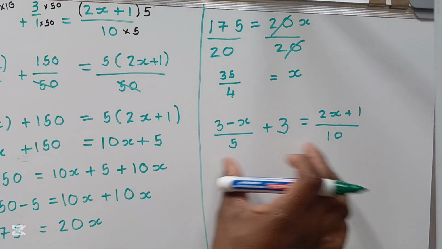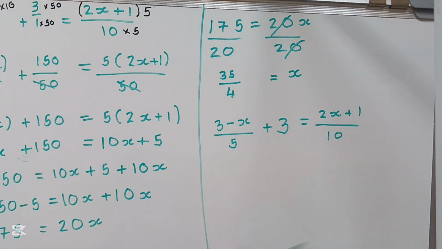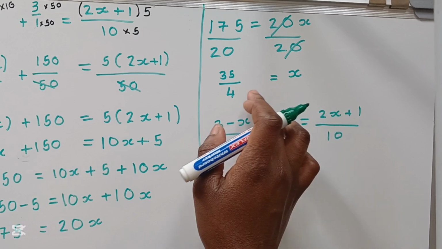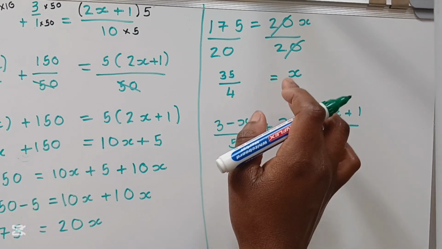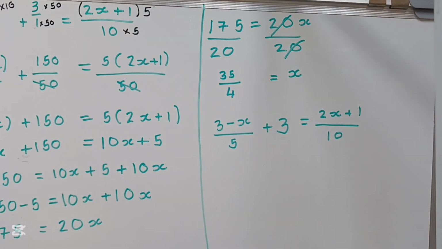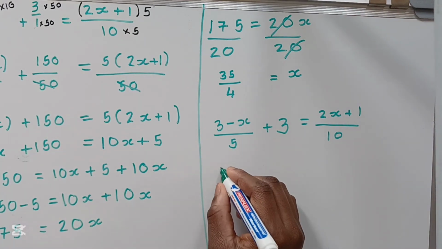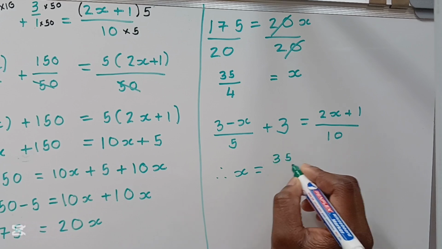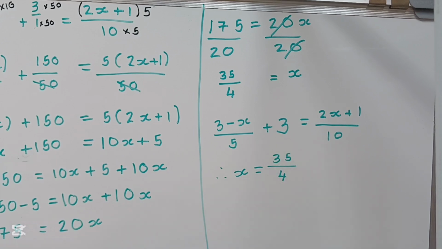And if both sides of the equal sign have the same value, that means that 35 over 4 is indeed the value for x. But I know it is, but if you want to verify, you can do that. So therefore, x is equal to 35 over 4.